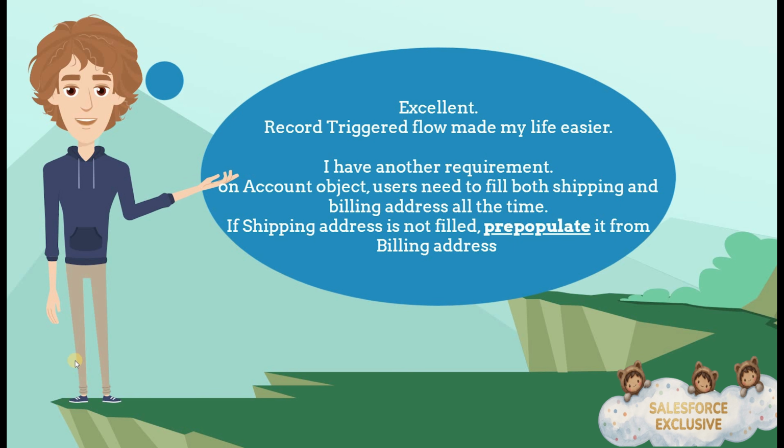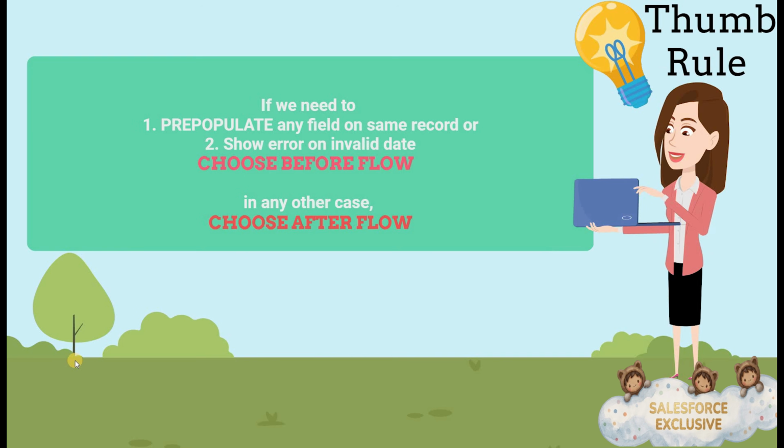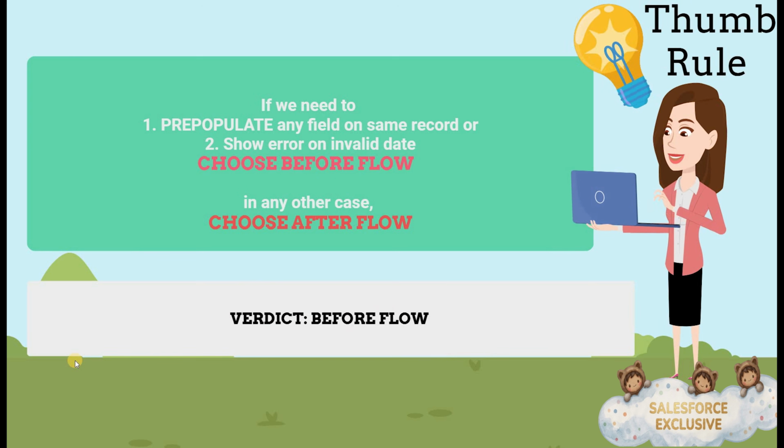I have another requirement. On account objects, the user needs to fill both shipping and billing address all the time. If shipping address is not filled, pre-populate it from billing address. If we need to pre-populate any field on the same record or show an error on invalid data, choose before flow. From your particular requirement, you need to pre-populate the shipping address from billing address.